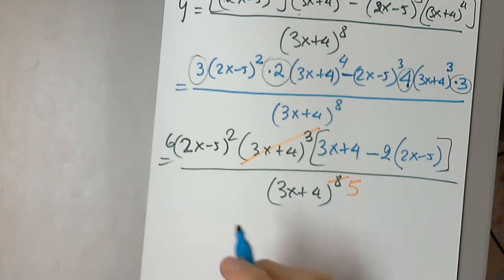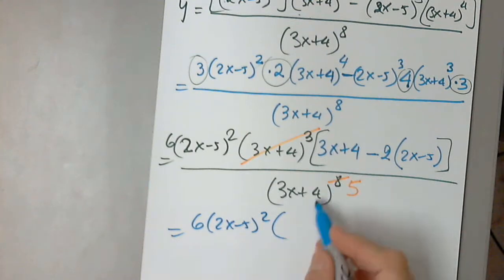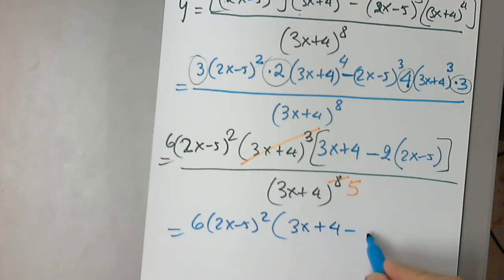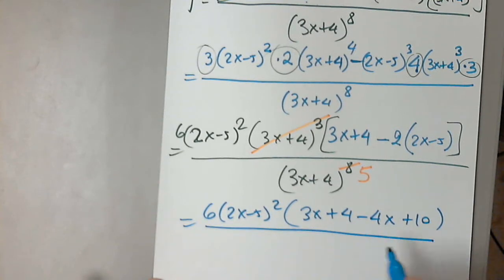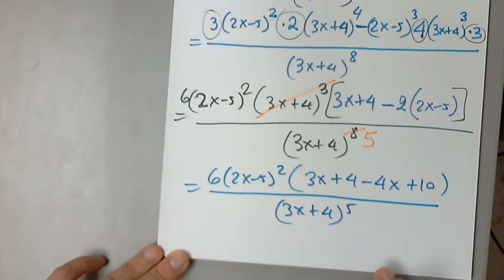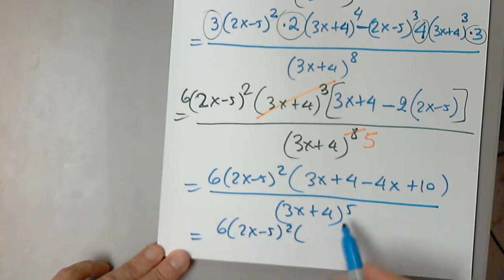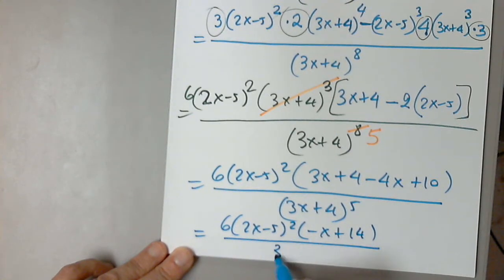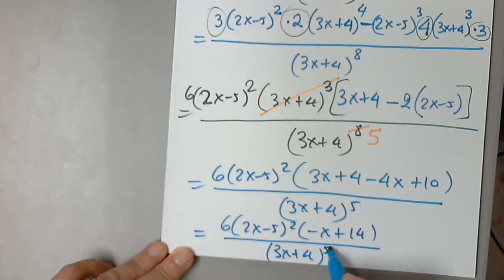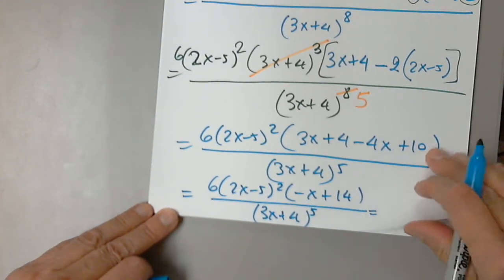Okay, so then we have 2x minus 5 squared, and this is 3x plus 4 minus 4x plus 10, over 3x plus 4 to the 5th power. And finally, I have 6, 2x minus 5 squared, and this is minus x plus 14. And you will see in chapter 4 why. Please factor out negative 1.